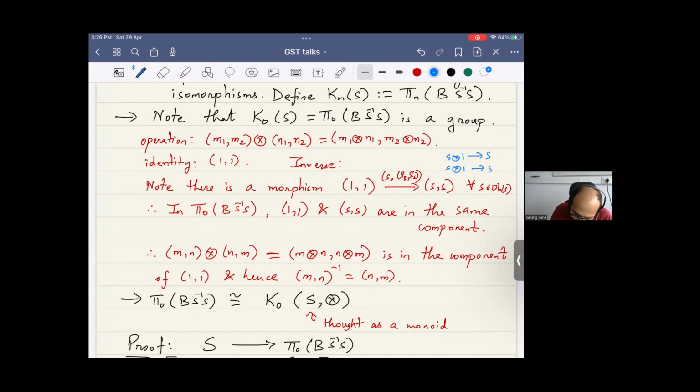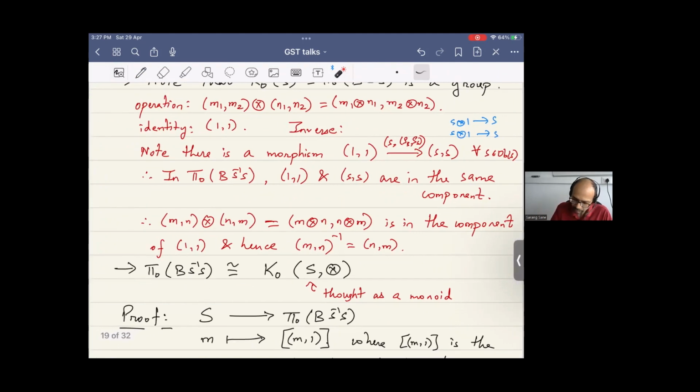Once you have a morphism, that tells us that the points corresponding to (1, 1) and (S, S) belong to the same component when you think of B S inverses. So in pi naught of B S inverses, (1, 1) and (S, S) are in the same component.